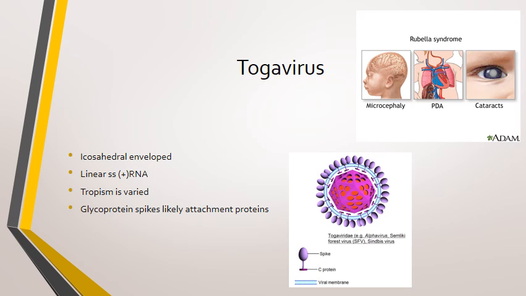The people who are at highest risk for rubella infection are pregnant women. Not so much for themselves, except that it causes multiple congenital anomalies in their children, in particular if they're infected during the first trimester.